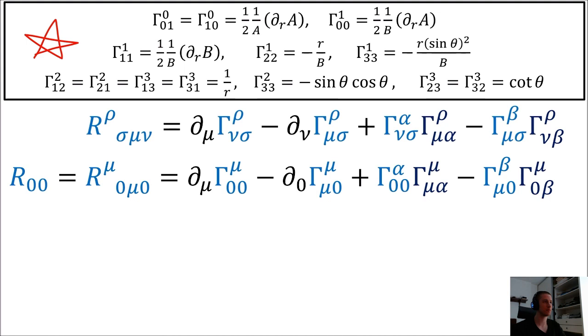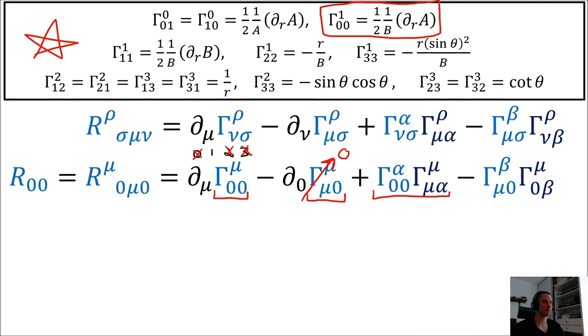For example, the first term has 2 zero indices on the bottom of the connection coefficient, and there's only a single non-zero connection coefficient with 2 zero indices on the bottom, which is the 1, 0, 0 coefficient. So this means that even though the mu index is technically summed from 0 to 3, only the mu equals 1 term stays around. With this second term here, there are actually no coefficients with 0 on the lower right, with the other 2 indices matching. So it goes to 0.